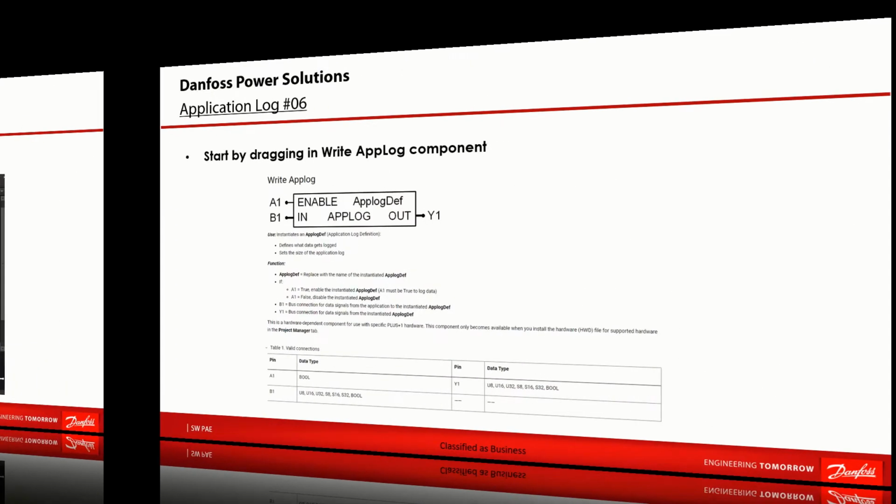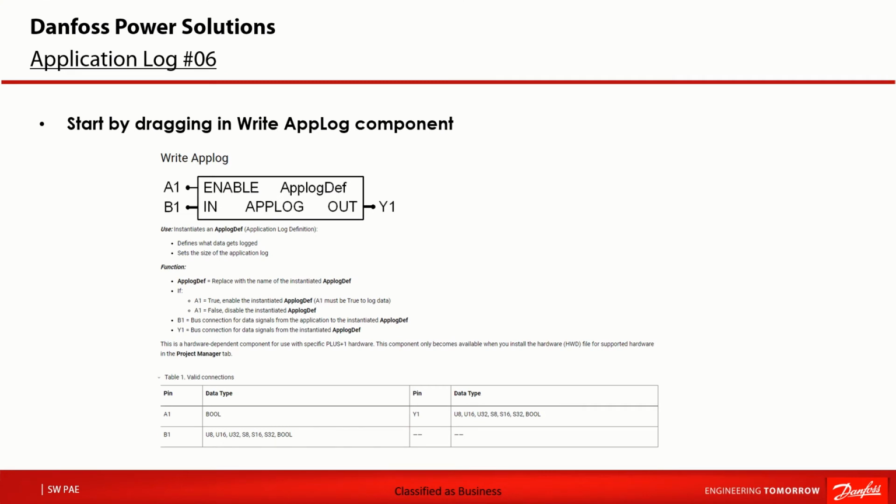As you can see inside the help, component WriteAppLog does provide more or less the same inputs and outputs like the component showScreen: a trigger input called enable, which must be true to log data, and a bus input for data signals from the application. The output bus does provide signals which have been assigned from the application log definition.